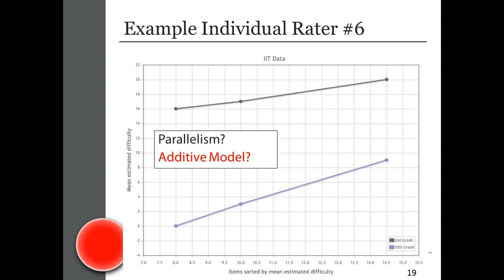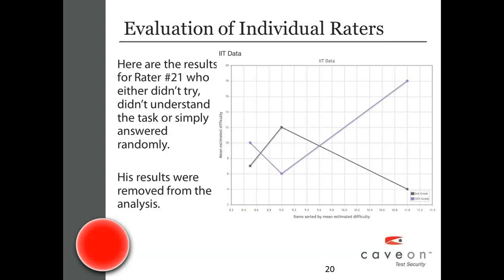Let's look at one more rater, one that for some reason either didn't understand the task or didn't try hard. It's obvious that the data from this rater is kind of messed up. And so I went through all those results and I removed any very strange results from the analysis, and this was not the most strange one.